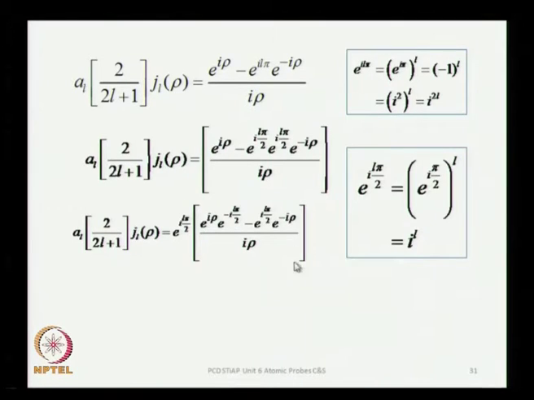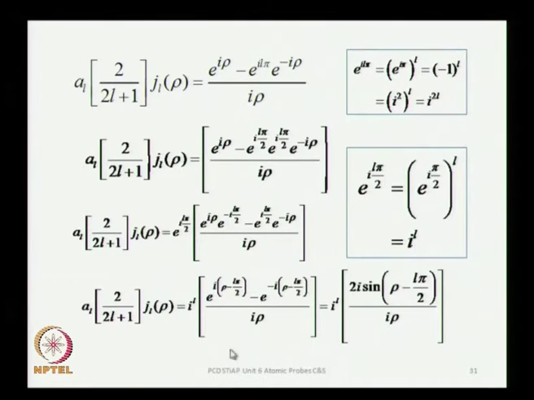So, this is the advantage in factoring out this e to the i L pi by 2, and now you can write this solution by looking at this. You have got e to the i theta minus e to the minus i theta. So, you will get the sinusoidal function out of it, right.